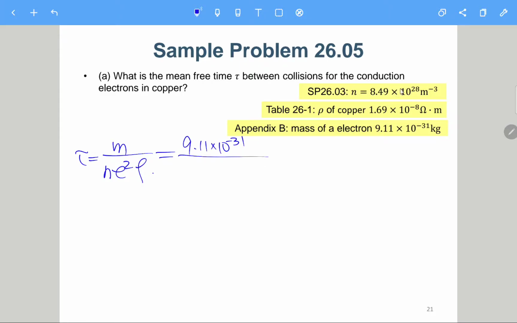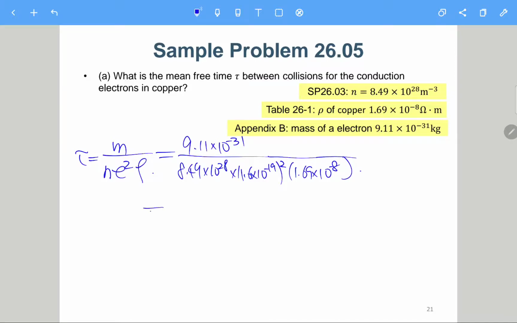And then n is 8.49 times 10 to the 28th power, as we calculated before. e is 1.6 times 10 to the minus 19, squared, and then the rho is 1.69 times 10 to the minus 8.